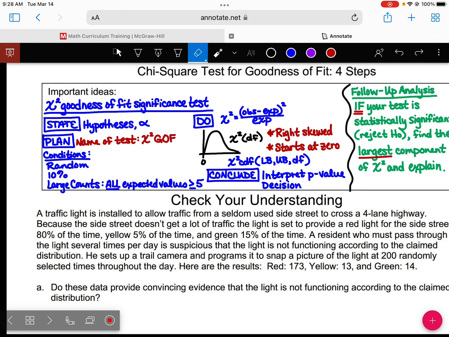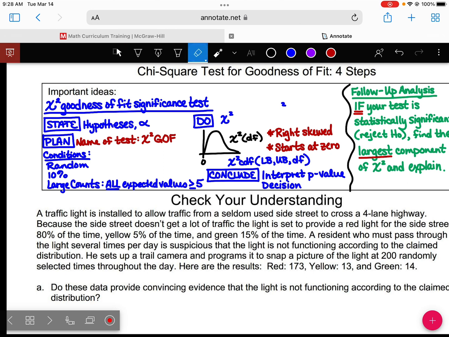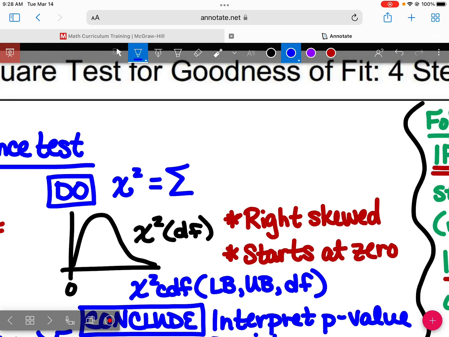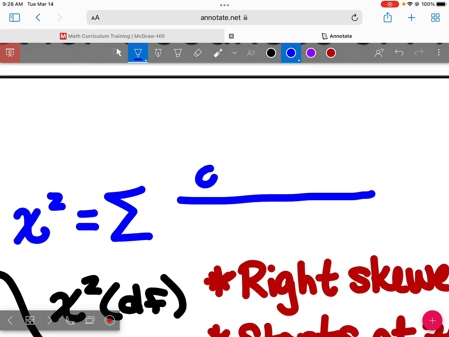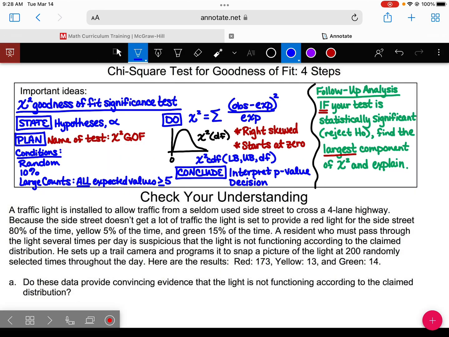Let me write this down again. Chi-squared equals the summation of observed minus expected squared divided by expected.